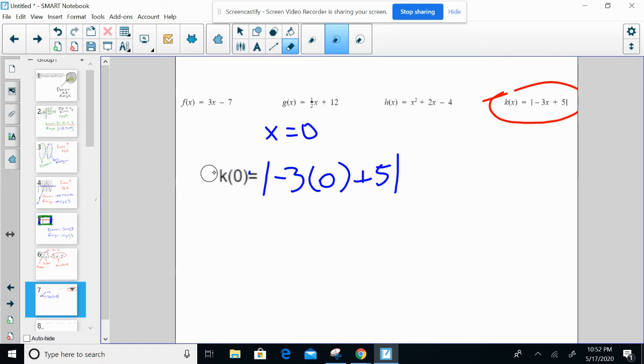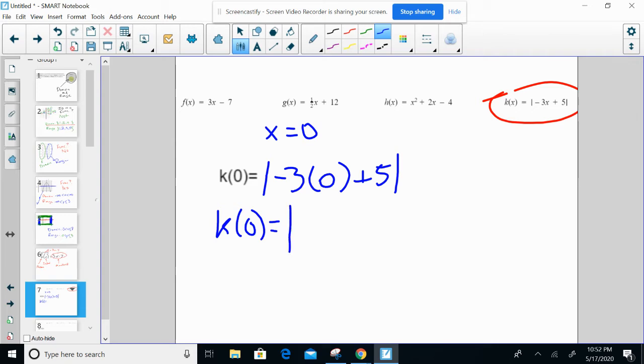So we have our function k. We plugged in a 0. Let's see what happens as we move forward. The next step, I'm going to write k of 0 every time, just so you can see something at the end. Absolute value stays, -3 times 0 is 0. The +5 stays. Absolute value, k of 0 then would be the absolute value of 5.